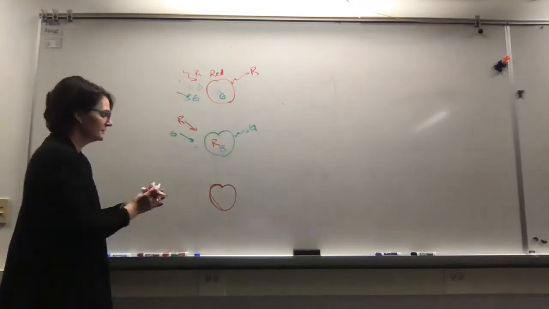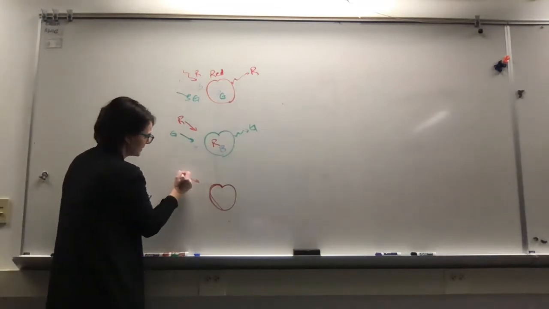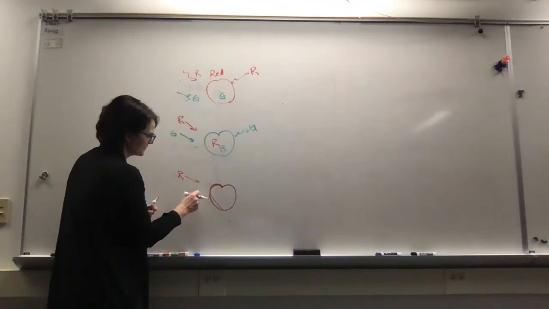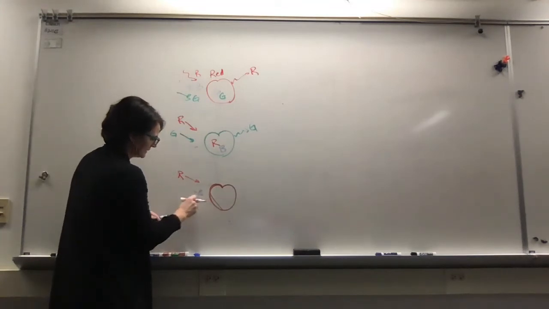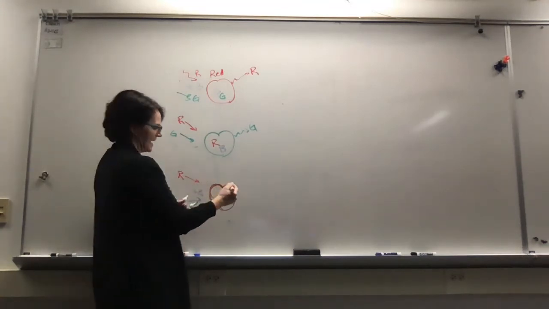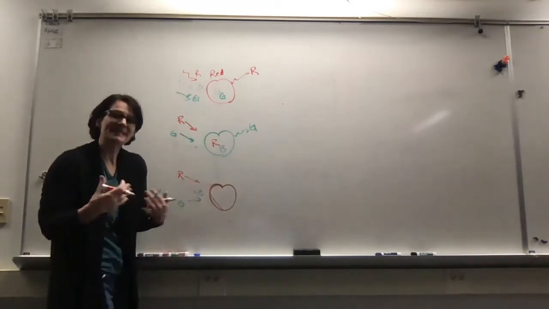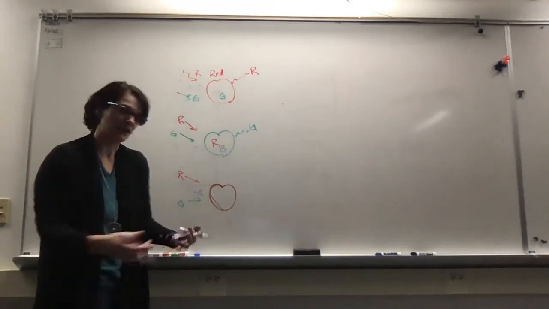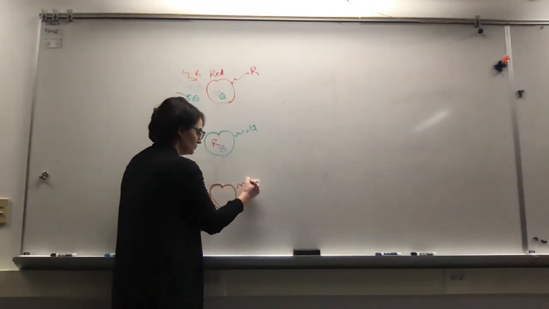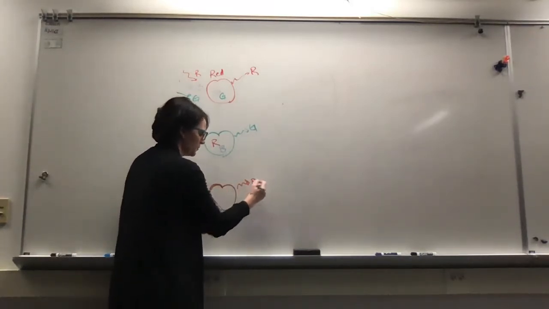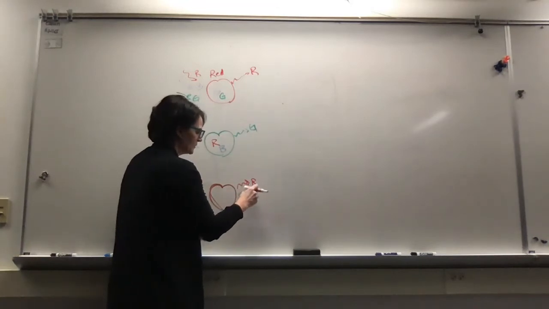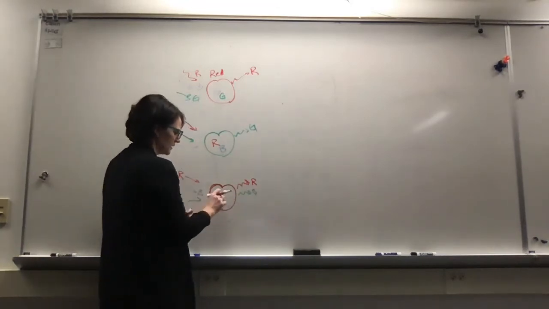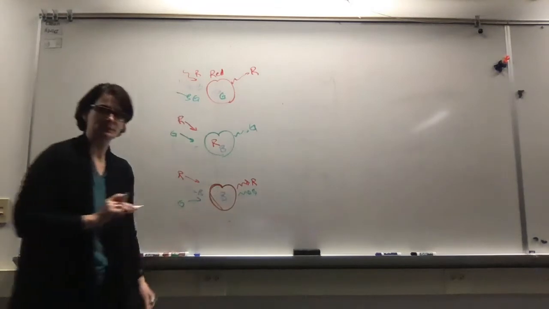Yellow, same thing. Red light comes down, blue light comes down, green light comes down. In the case of the yellow apple, I'm seeing yellow, which means I'm seeing both red and green at the same location in space. So the yellow apple reflects both red and green and absorbs blue.